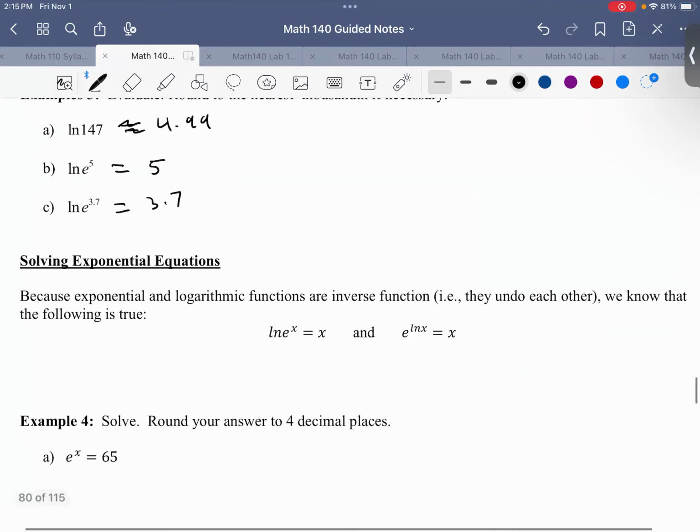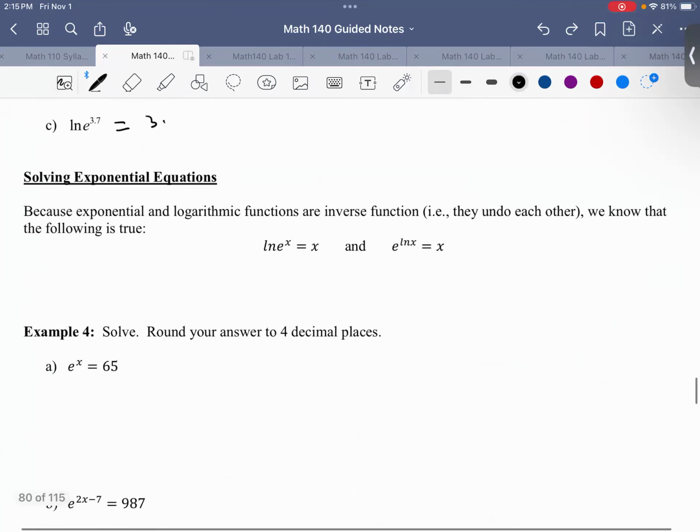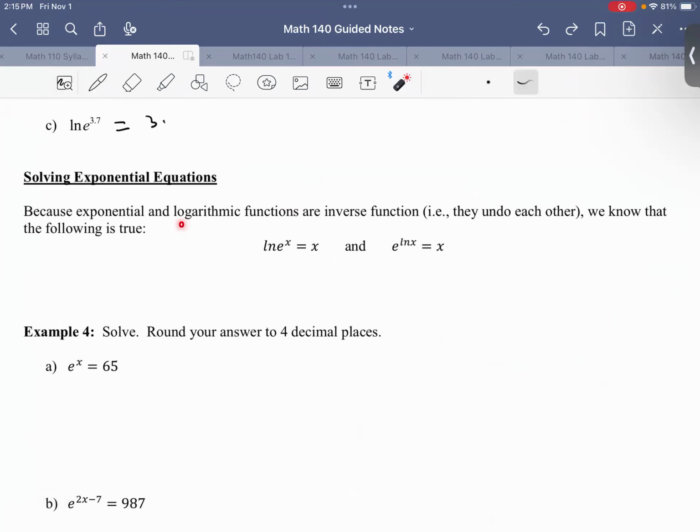So moving on to our next topic, solving these exponential equations. Because exponential and logarithmic functions are inverses of each other, they undo each other. We know that the following are true. So the natural log of e to the x will just equal x. And e to the natural log of x is just going to equal x.